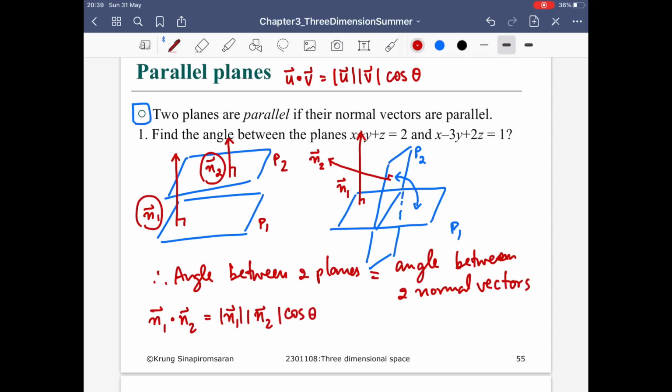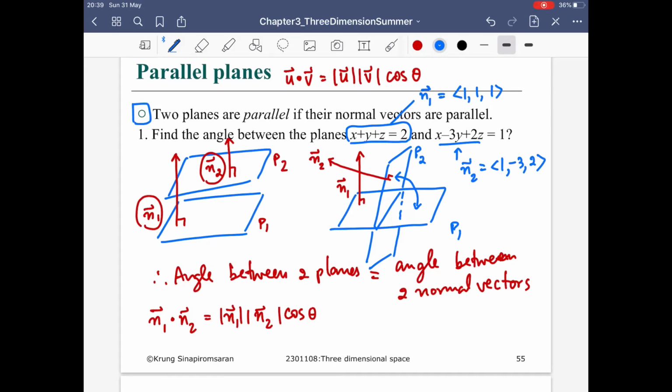Here n1 is in your equation of the plane, the coefficients in front of your x, y, z, and n2 is the same thing, the coefficients in front of your x, y, z.